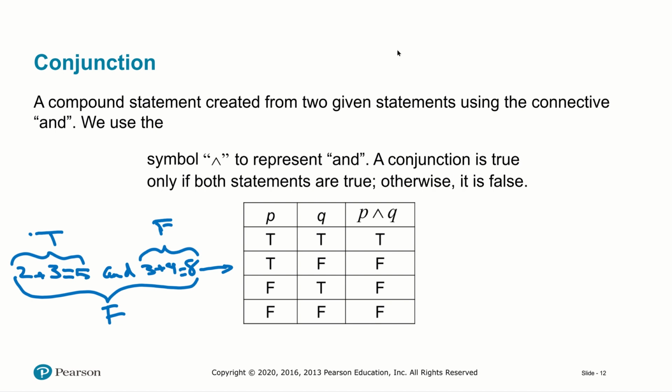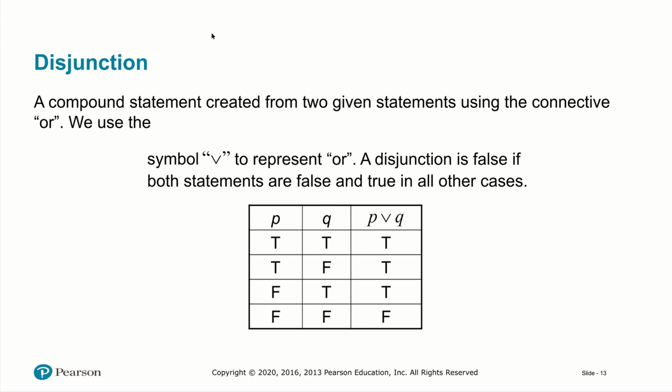This very much has to do with the regular interpretation of what and means in English. When we say one thing and another, then we expect both to be true in order for the conjunction to become true. Now, a disjunction, which is an or statement, behaves very differently.